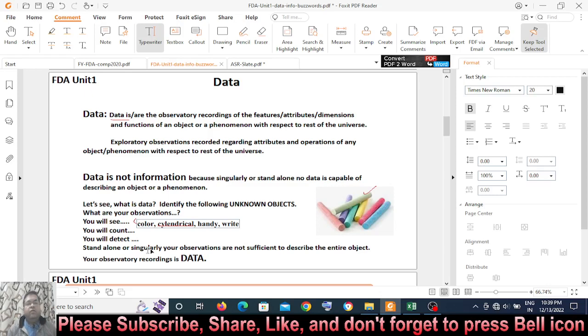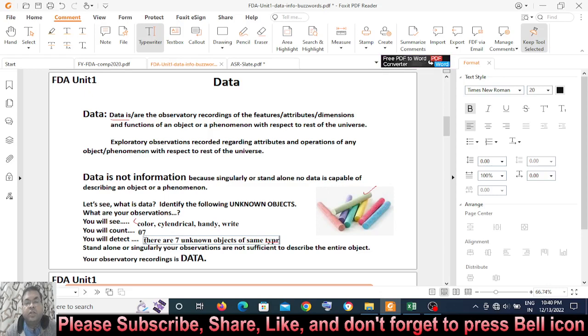Now, when you look, you find the numbers: 1, 2, 3, 4, 5, 6, and 7. So you will see the count, which is 7. From this you will say there are 7 unknown objects of similar or same type.